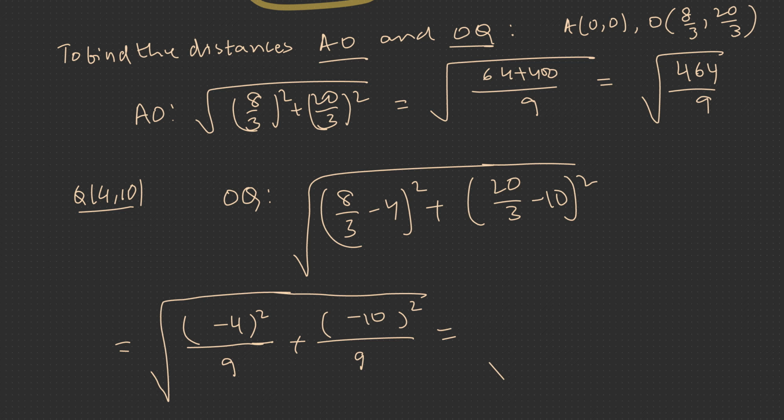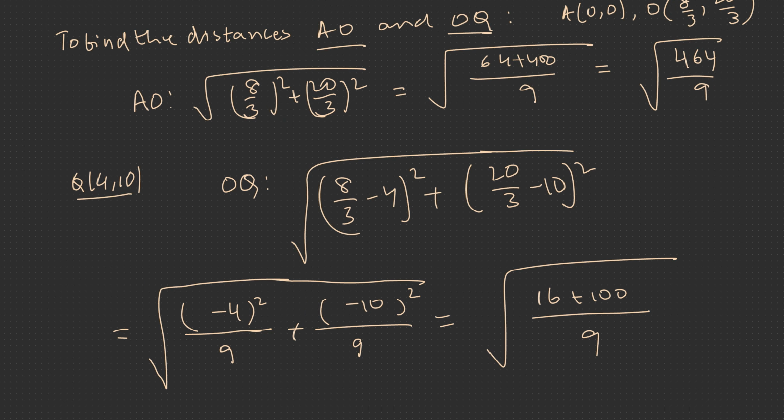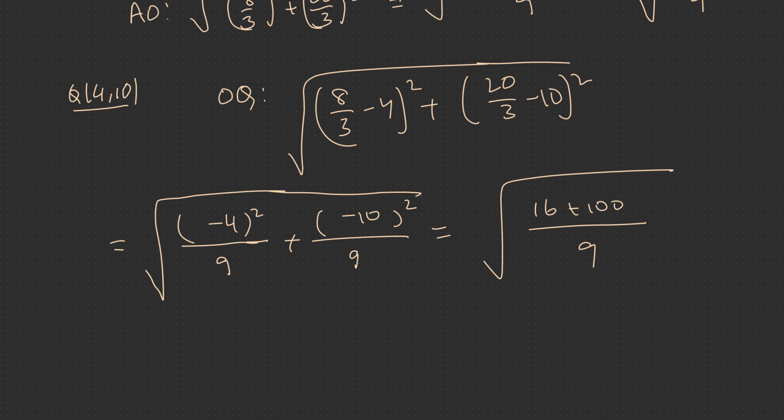So that is equal to square root of 16 plus 100 over 9, that is equal to square root of 116 over 9.